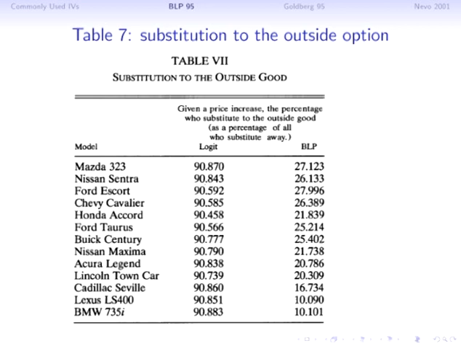In the random coefficients, you see not only does the average change, but it also gives you, in some sense, more reasonable patterns, right? So it's more likely that if the price of a BMW went up a little bit and you decide not to purchase a BMW, you're probably less likely to substitute to the outside good. Now, you might ask, what is the outside good? Remember, that's the option of not buying a new car.